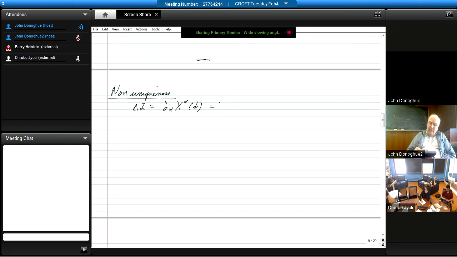Now since this only depends on the fields, this is chi prime alpha d alpha phi. In other words, you use the chain rule. Chi prime is the derivative of chi with respect to phi. So I've just added a function of the fields there. So this is a total derivative.